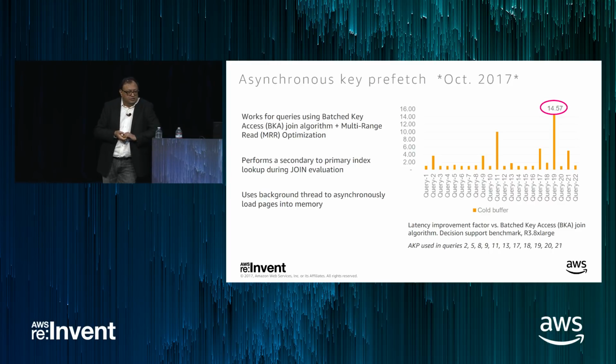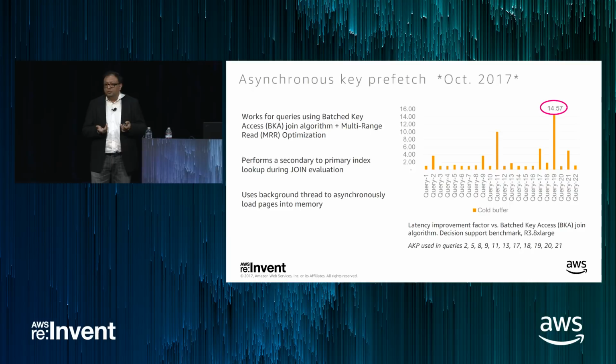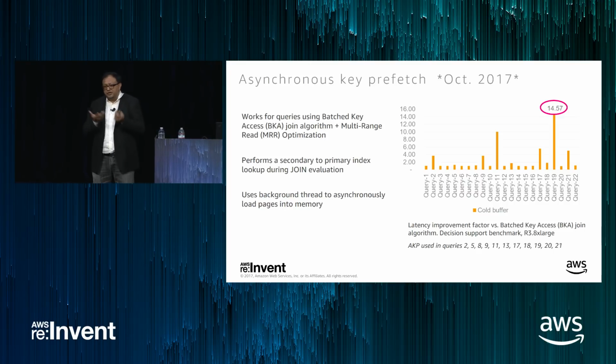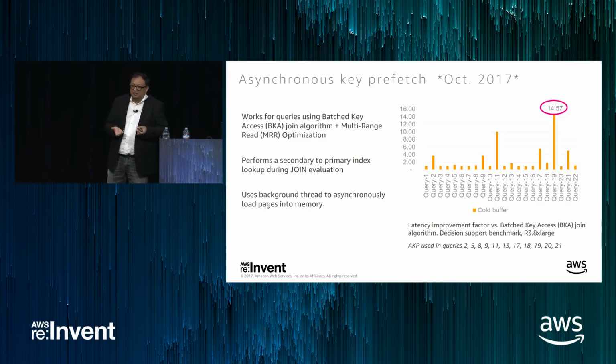And you can see that, at least on a cold data set, we're getting anywhere from no improvement to 4x to 10x to 14x, so there are cases where it matters, and these are all against cold buffers. If you're running against a cached workload, this prefetch obviously isn't going to help at all, right? But if you are running a large query that has to do a scan, it's a pretty big deal.